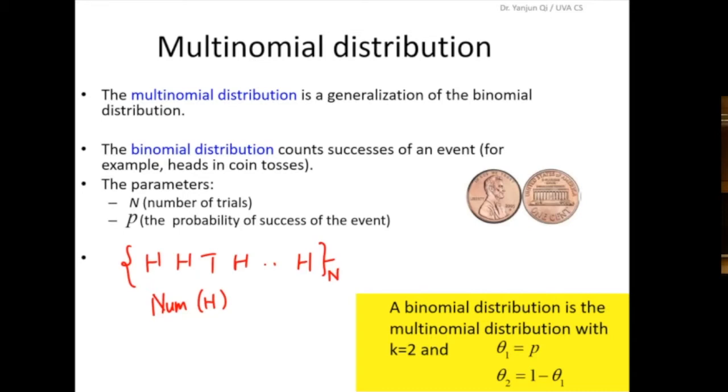It may appear one time, two times, until n times. So those are all the possible values of this random variable. Let's treat this random variable as X. X is the number of times heads appeared through n flips of the coin.